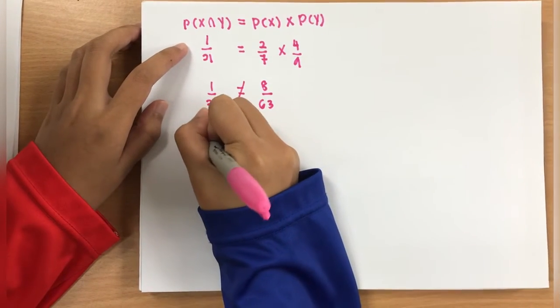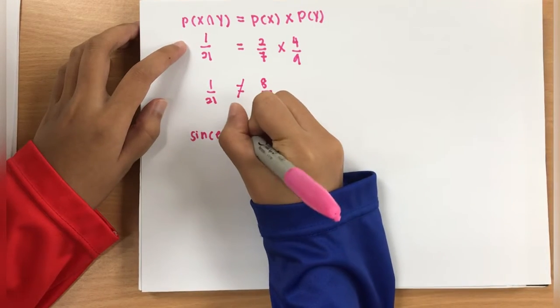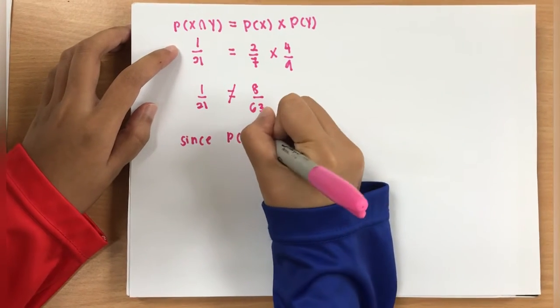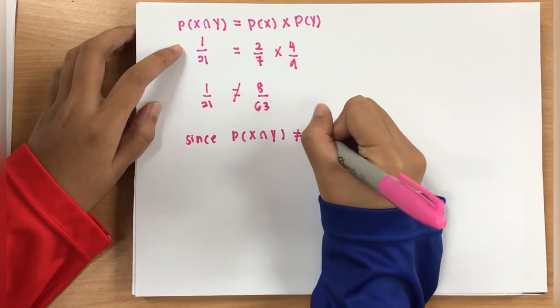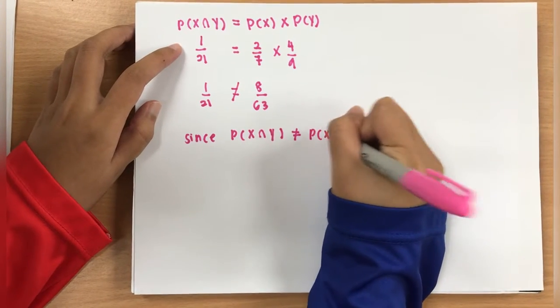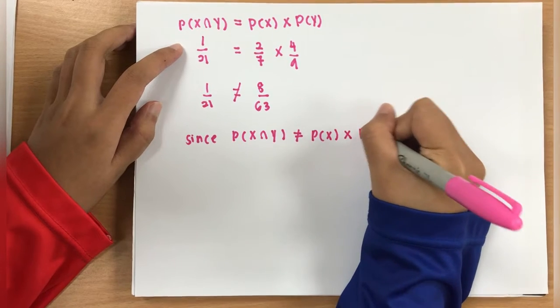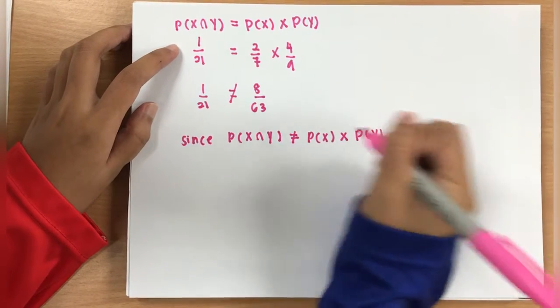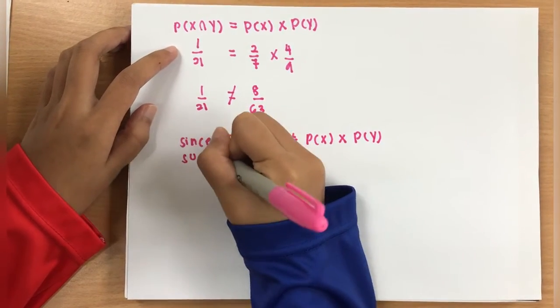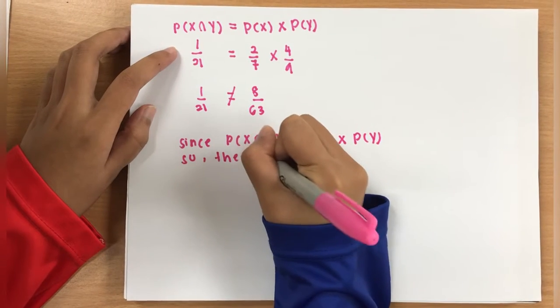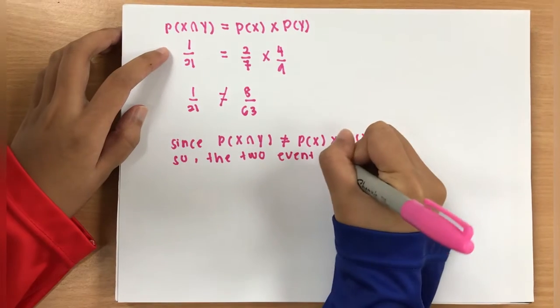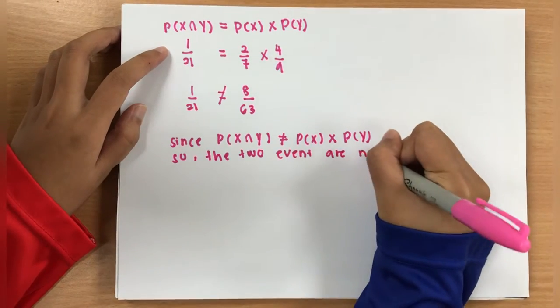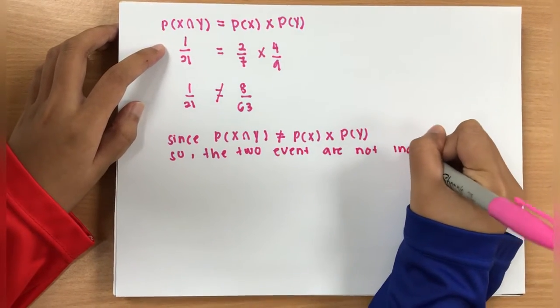Since P(X intersect Y) is not the same as P(X) multiplied by P(Y), the two events are not independent.